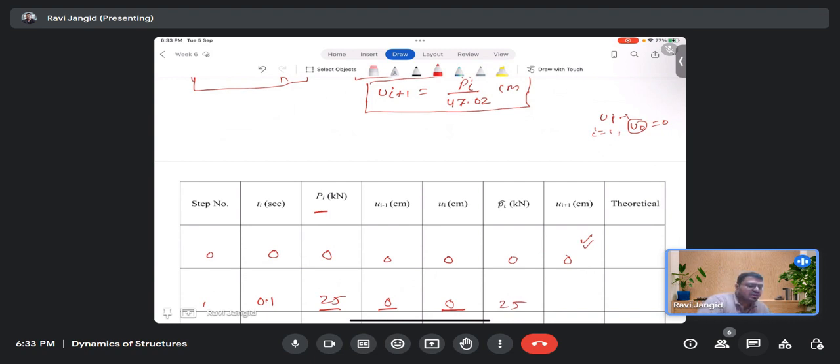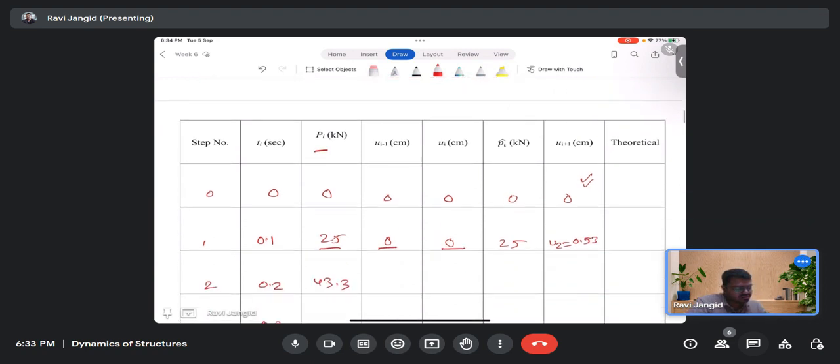Then find out the ui plus 1, or ui plus 1 means u2. So that would be 25 divided by 47.02. That becomes 0.53. Okay. Now at step 2, ui minus 1 would be u1. What is u1?